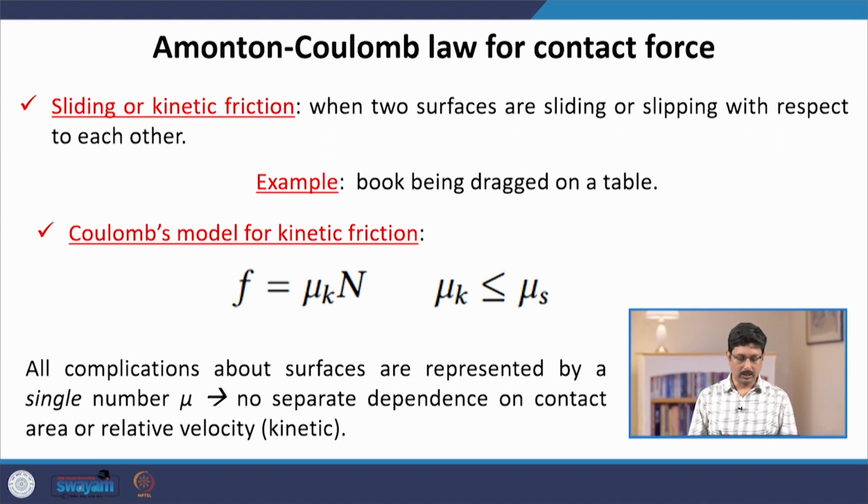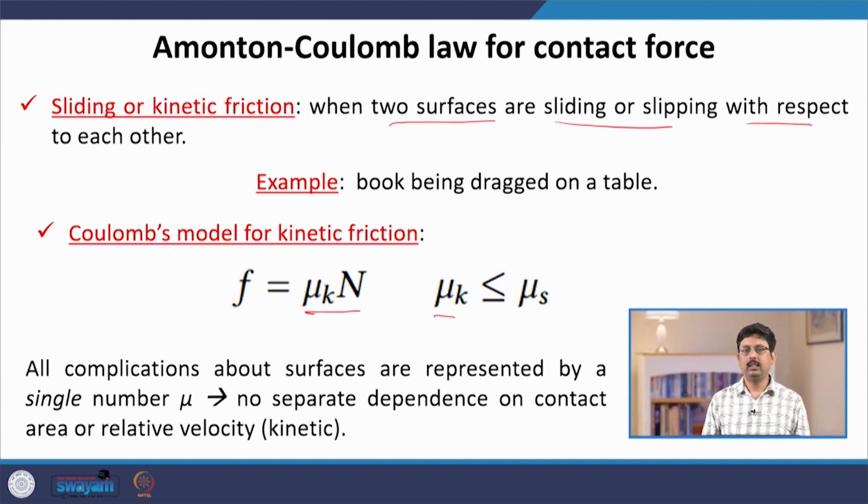For completeness, I will also mention the sliding or the kinetic friction when two surfaces are actually sliding or slipping with respect to each other. For example, if the book is actually being dragged on a table, then the Coulomb's law says that the friction is given by again basically the same form, that this friction is proportional to the normal component, and the coefficient of proportionality is now called the coefficient of kinetic friction, and experimentally it turns out that this value is either equal to the coefficient of static friction or slightly less than that.